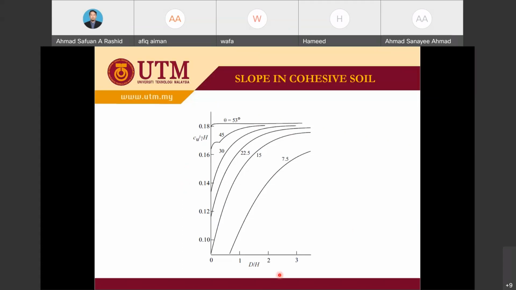D over H doesn't have any units, theta also doesn't have any units, while the stability number also doesn't have any units. Later on, I will discuss how to use this chart in order to determine the stability of the slope. So that is the idea, how Taylor developed this kind of method.